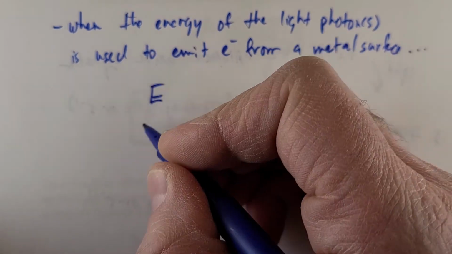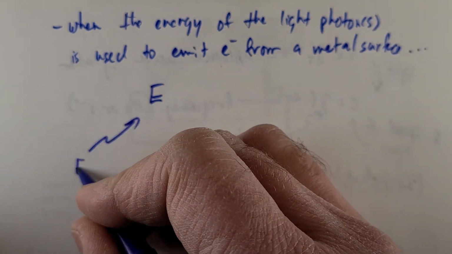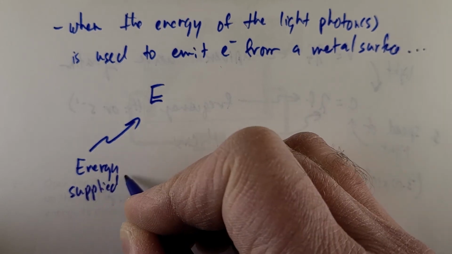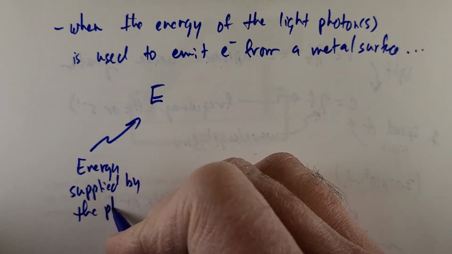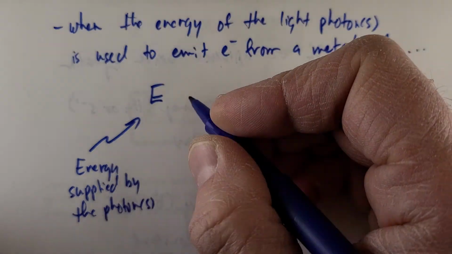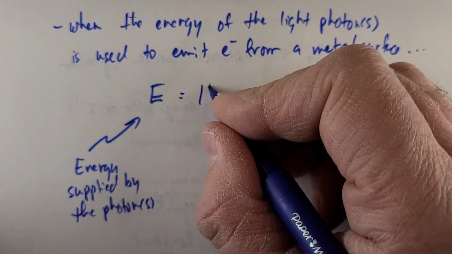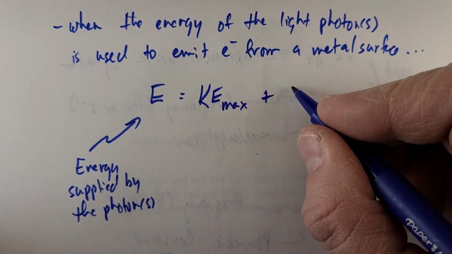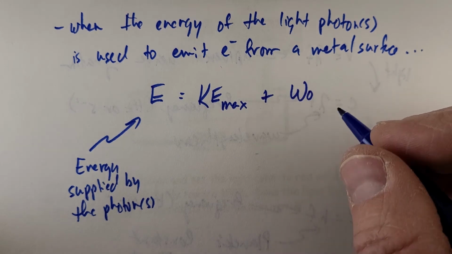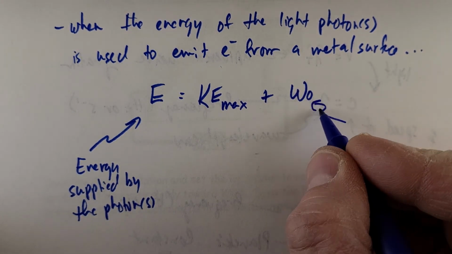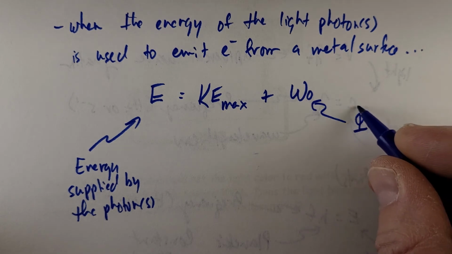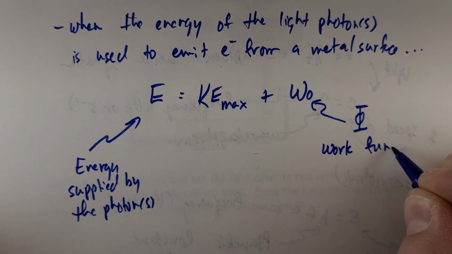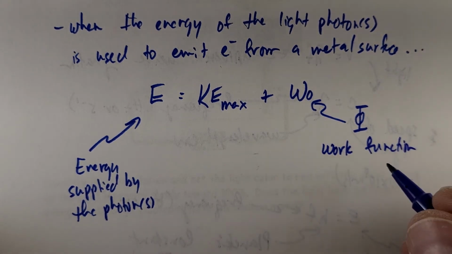So we have the energy, which I'm going to refer to as the energy supplied by the photon or photons, is equal to, now quite often we call this KE max, plus W0. Or sometimes that W0 uses the Greek symbol phi, which means the work function. So maybe you want to leave it as W0, where W stands for work.